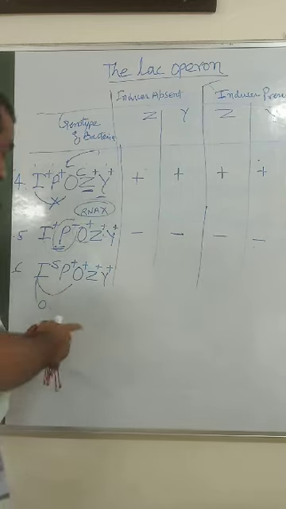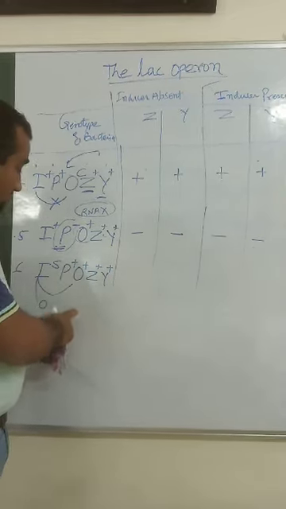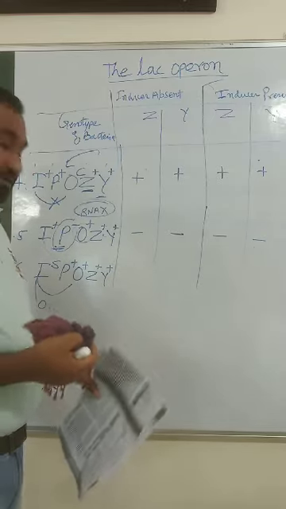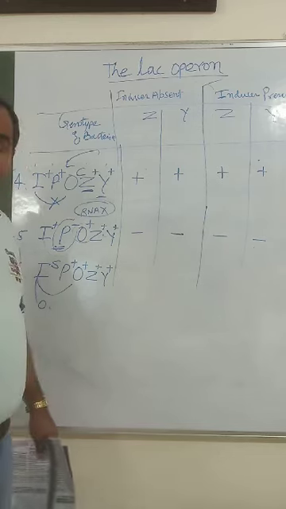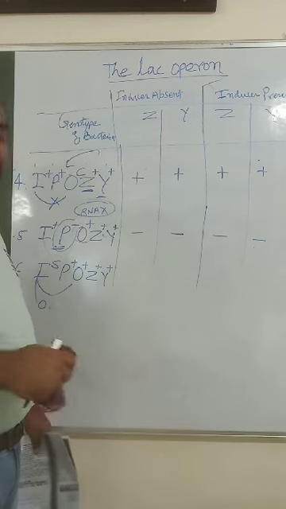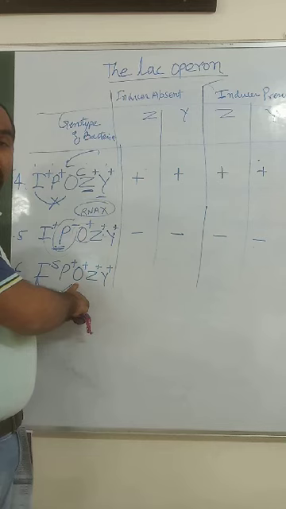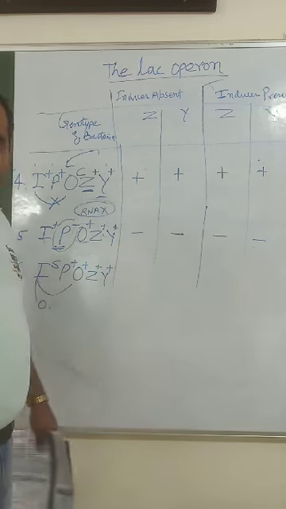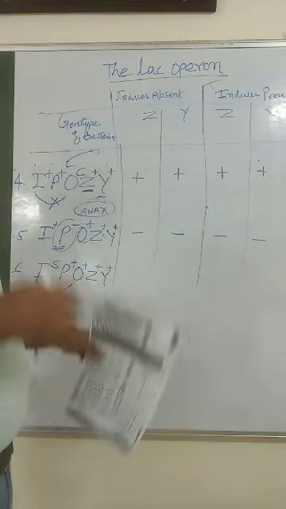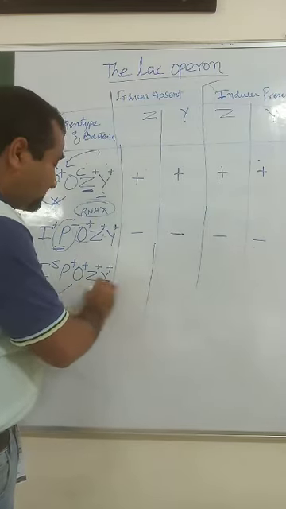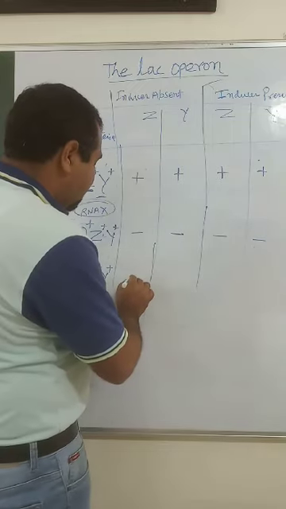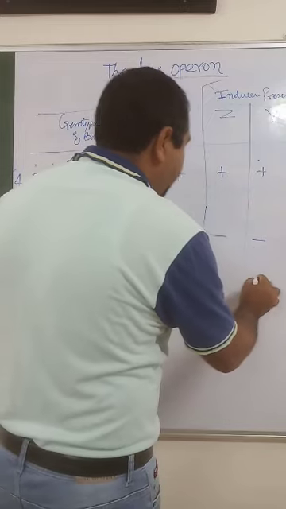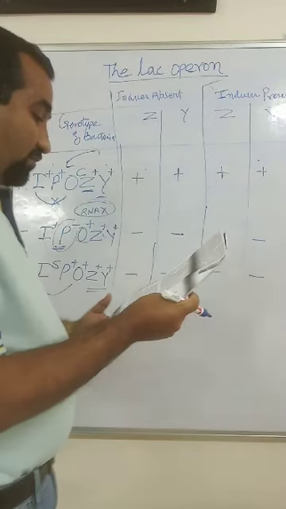It may be that lactose is present, these suppressor molecules may even form a complex with the lactose molecule, and even in that condition they have the strong ability to bind at the operator sequence. So in either case, whether lactose is present or absent, these genes are not going to transcribe their product.